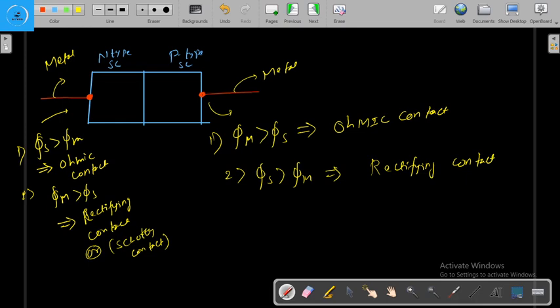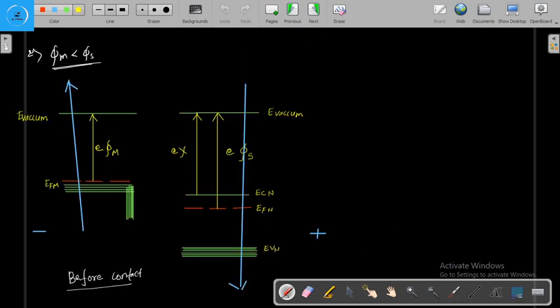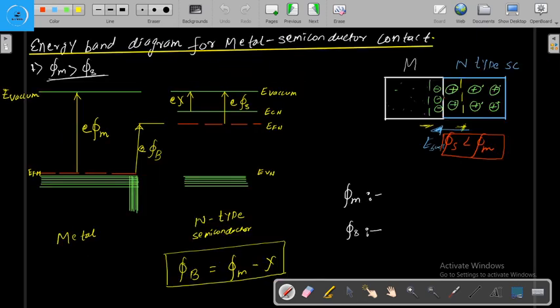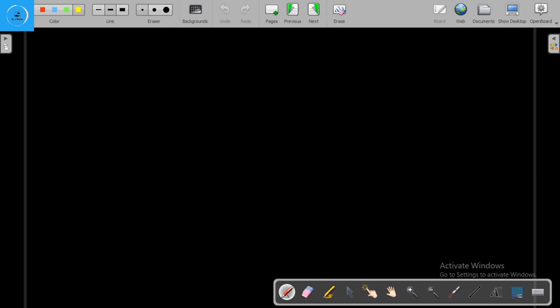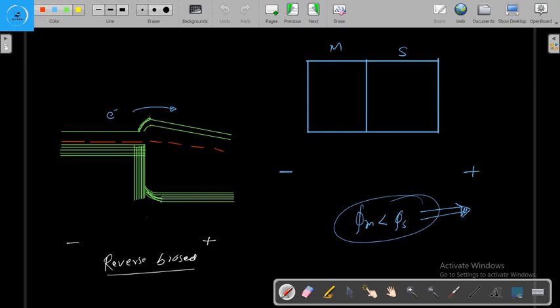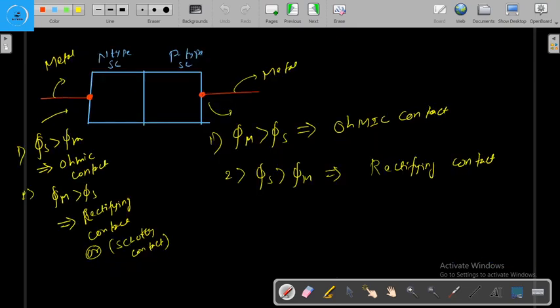So in this video we have seen what the transfer characteristic or transconductance is. We have seen the three formulas for the transconductance, and after that we have seen the contact between the semiconductor and the metal. For the n-type semiconductor and the metal, if phi s is greater than phi m, the contact will be ohmic, and if phi m is greater than phi s, the contact will be rectifying.